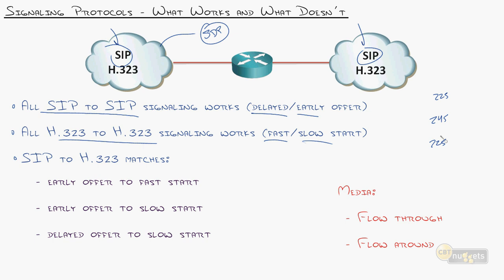Now, if you name something slow start, obviously there's a faster one. So the fast start combines these two phases. The H245 becomes part of the initial H225 exchange, embedded inside of those initial startup packets. So again, if it's H323 to H323, life is good. You can use fast over here and slow over here, or fast and fast, or slow and slow, or slow and fast. It all works with that protocol.